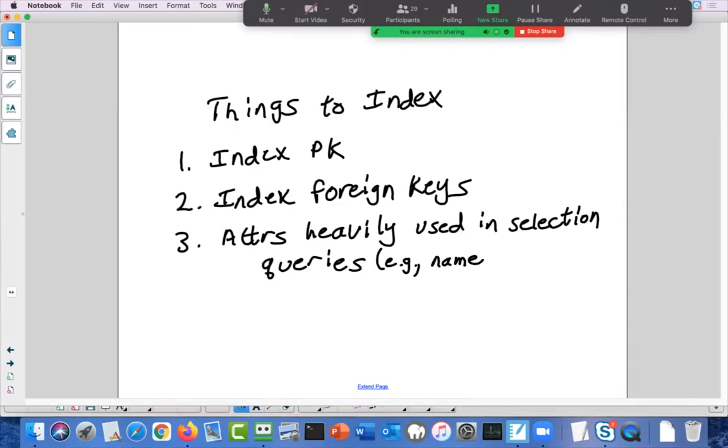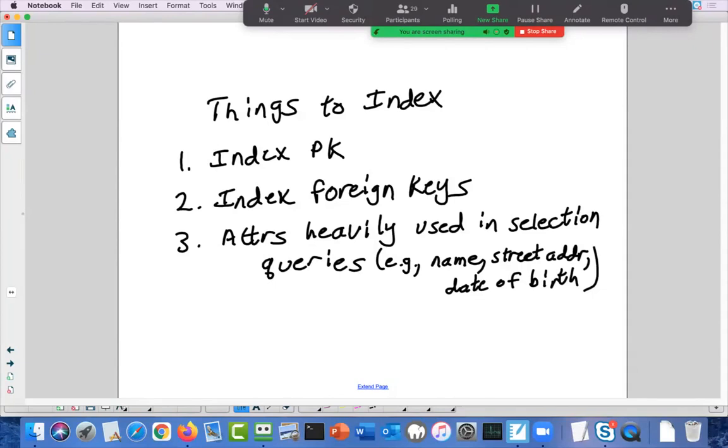So names tend to be fairly heavily used in selection queries. Street addresses, I'm often asked for my street address. And for medical records, I'm often asked for my date of birth. So these would all be things that you might put an index on.